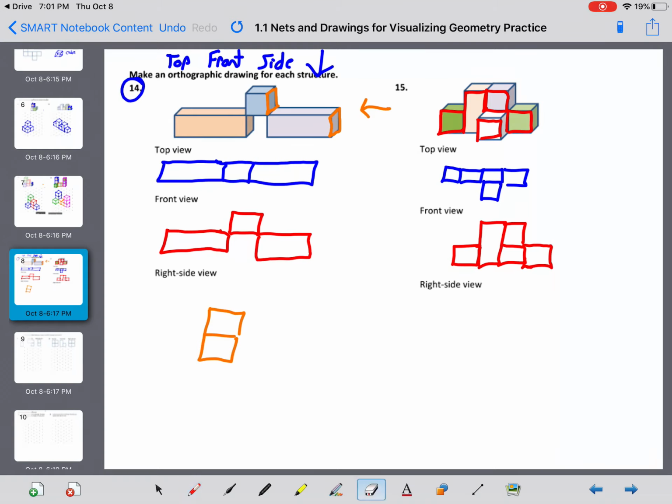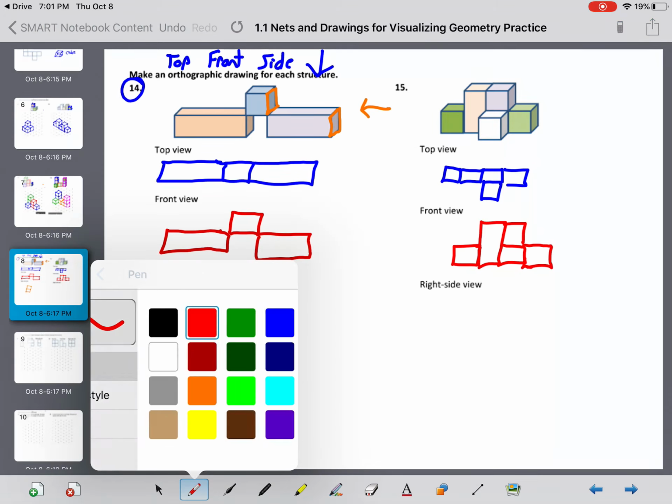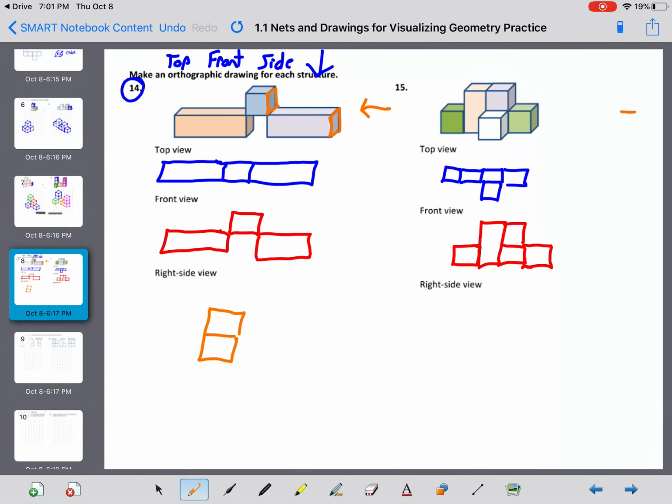So there's your front view. And your right side view, like we did before, strictly coming from this angle. So you're going to see 1, 2, 3, and that's it. So it's 2 squares and another square on the side.